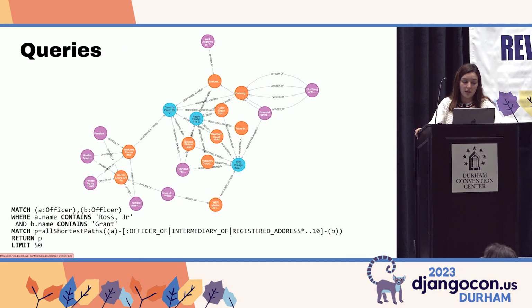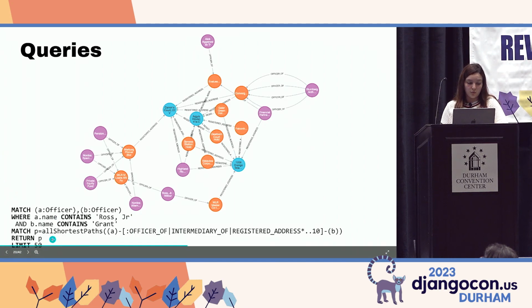This is a query made with Cypher. For example, if we want to discover the shortest path between two officers, this is how we can do it. Here we have the name that contains Ross Jr. This is the node, and the other one contains Grant. You have to believe me, this contains Grant.